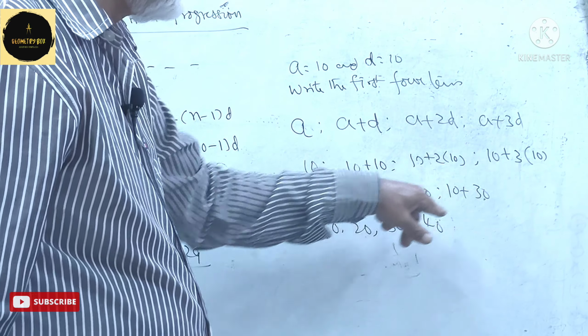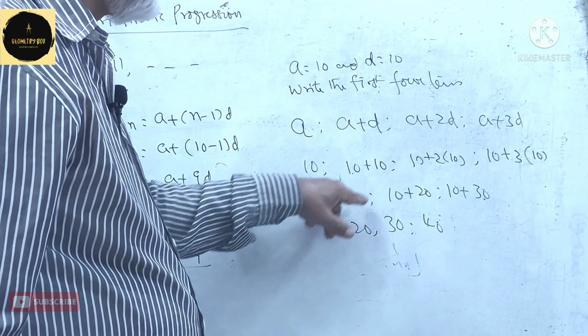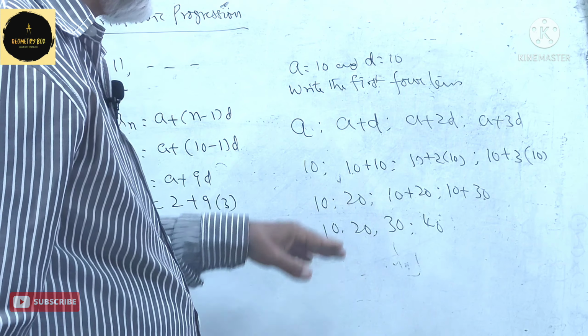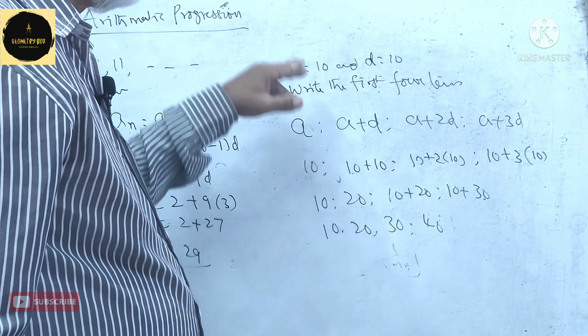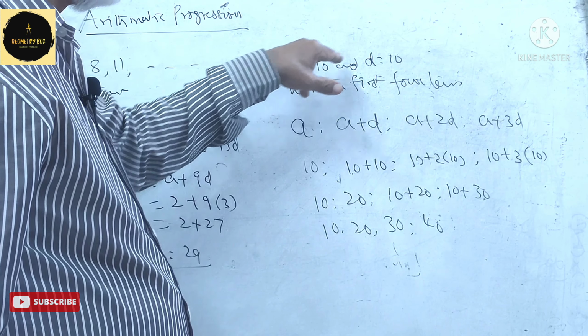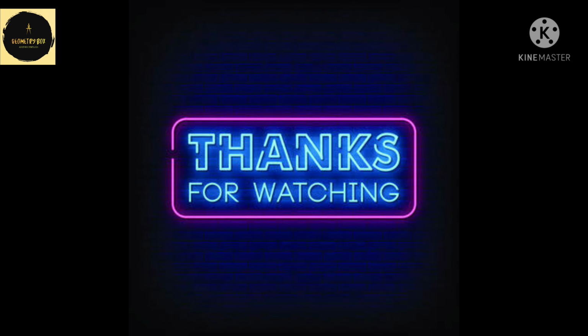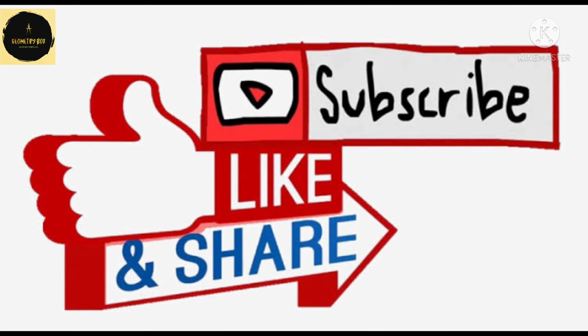That gives 10, 20, 30 and 40. So these are the 4 terms of an AP when a is equal to 10 and d is equal to 10.